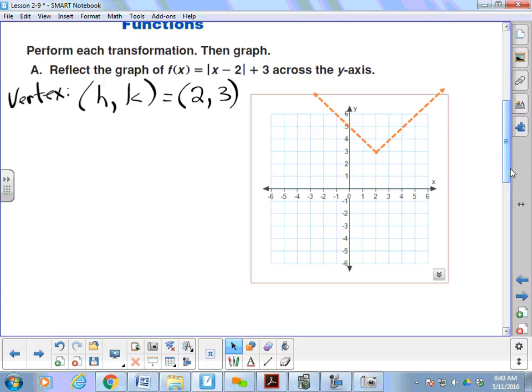So all of your x values change, and my vertex is now going to be where? Instead of at 2, 3, it's going to be at negative 2, 3. This point here that's at 1, 4 is going to be at negative 1, 4.